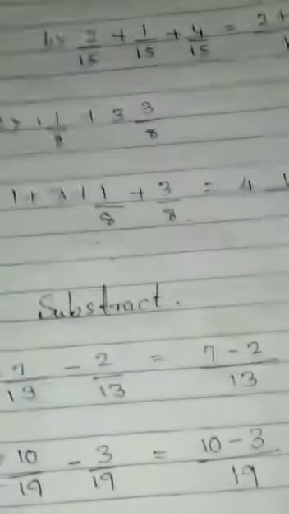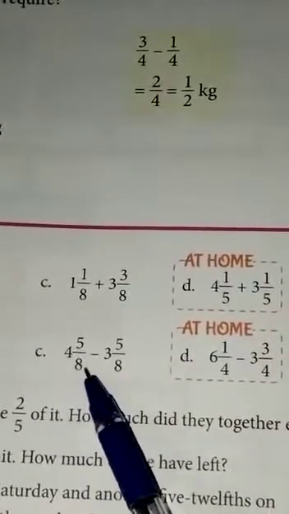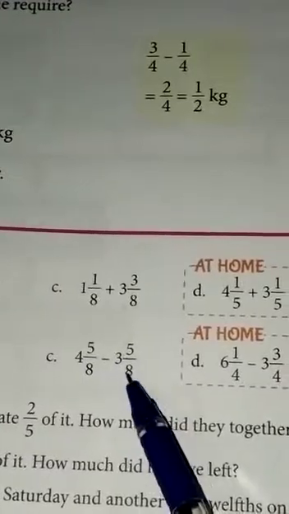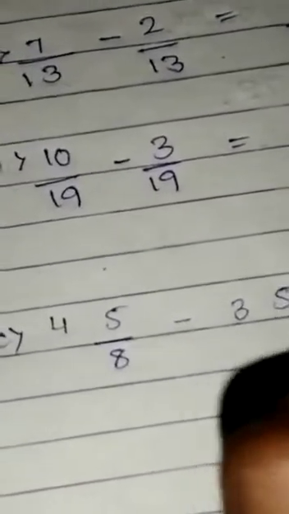Third one is 4 and 5 divided by 8 minus 3 and 5 divided by 8. How do we add mixed fractions? Same. In the same method, we subtract these mixed fractions.